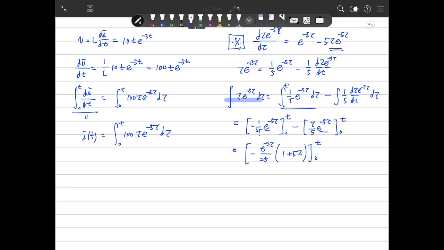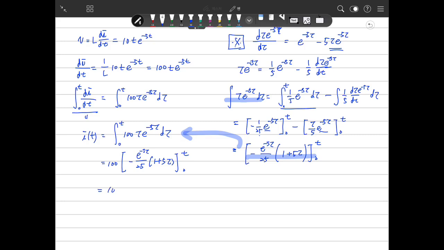Because that is here, we insert that there. So we calculate 100 times minus 25 e^(-5τ) (1 + 5τ), from 0 to t.